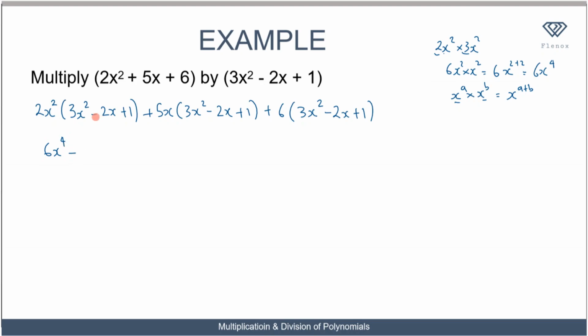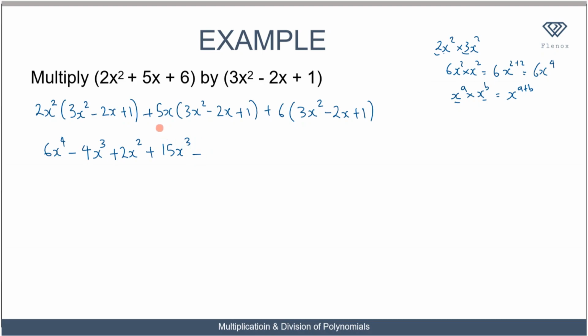Then minus: you multiply the coefficients, 2 times minus 2 gives me minus 4. Then x squared times x raised to power 1 gives x raised to power 2 plus 1, which is x cubed. So that's minus 4x cubed. Then 1 times this just gives me 2x squared. Then you do the second term. 5 times 3 is 15, and you have x cubed, since x squared times x is x cubed.